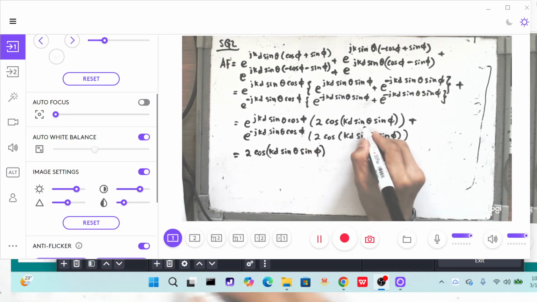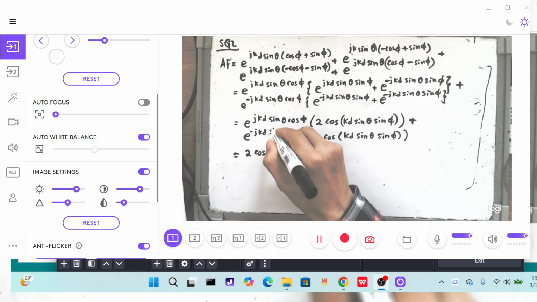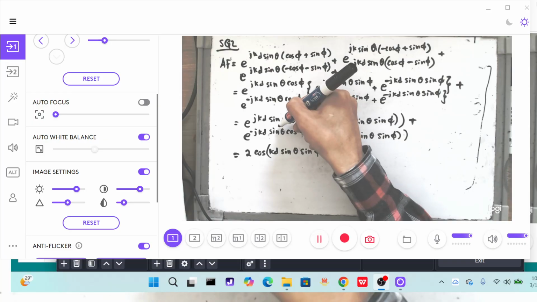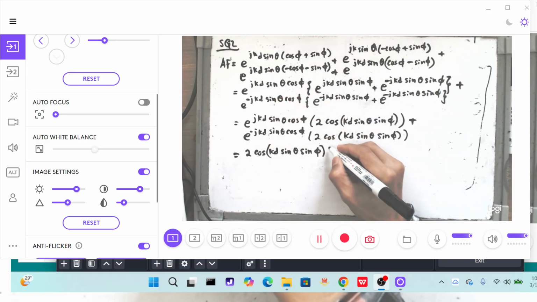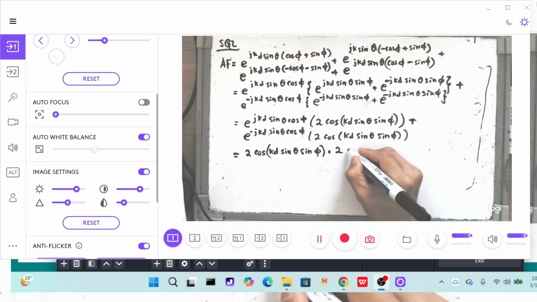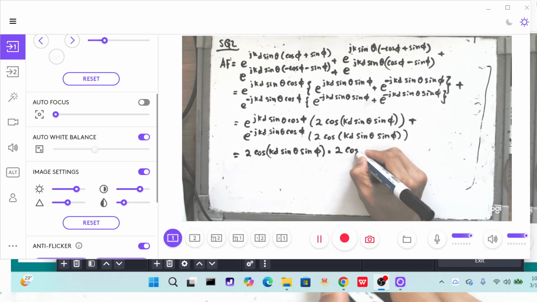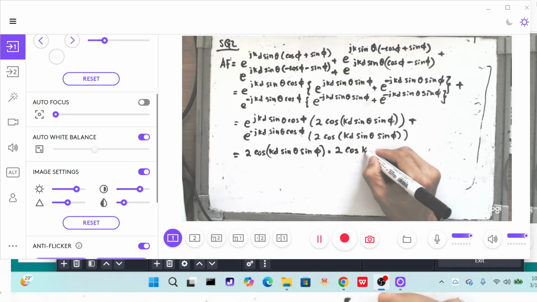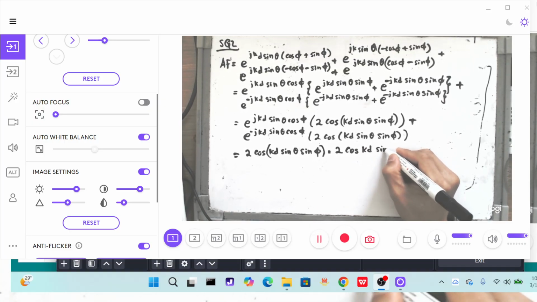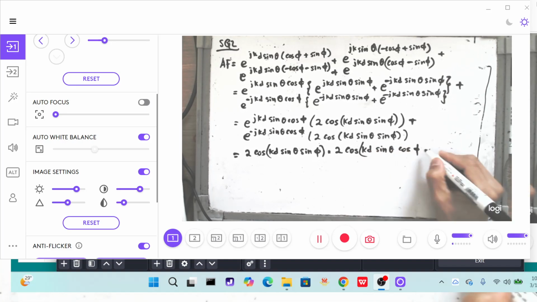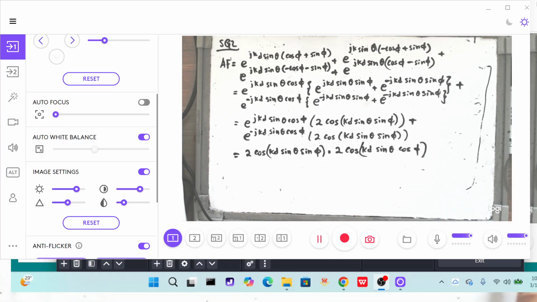We extract this term, and then obviously you can immediately see that these two terms combined will be cosine K D sine theta cosine phi. Okay, so we are almost there now.